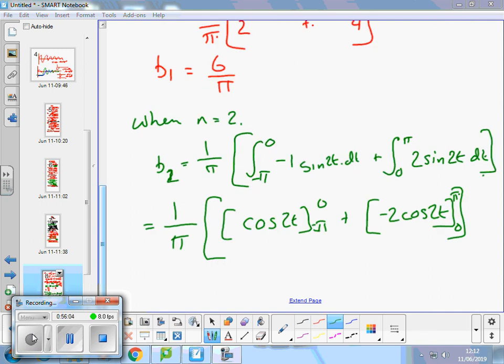So we enter the two integrals separately into the formula. We integrate them both.